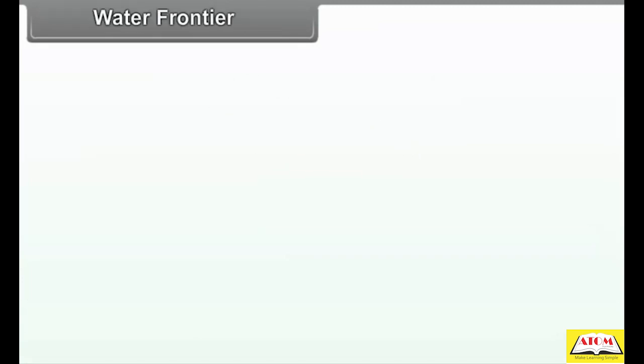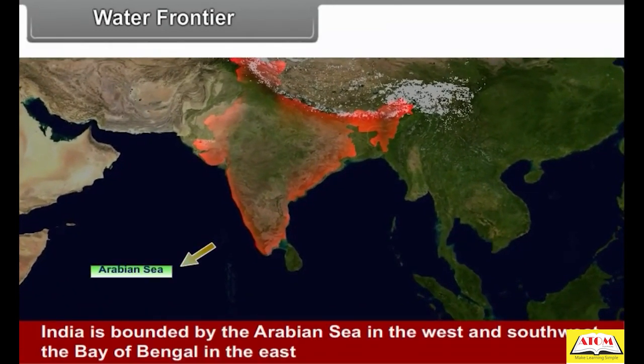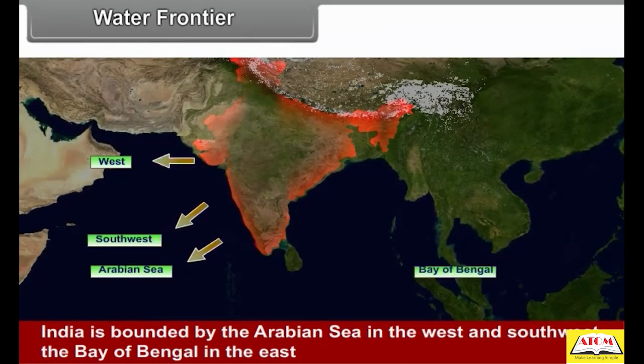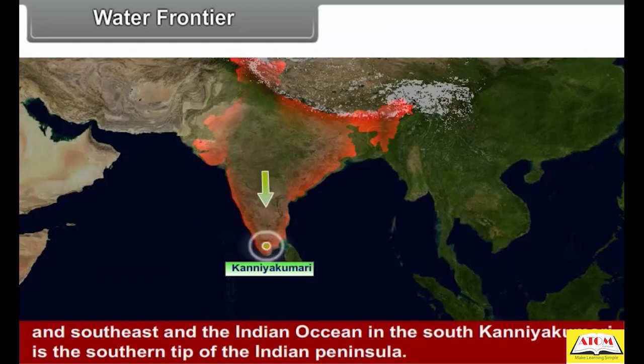Water frontier. India is bounded by the Arabian Sea in the west and southwest, the Bay of Bengal in the east and the southeast, and the Indian Ocean in the south. Kanyakumari is the southern tip of the Indian peninsula.